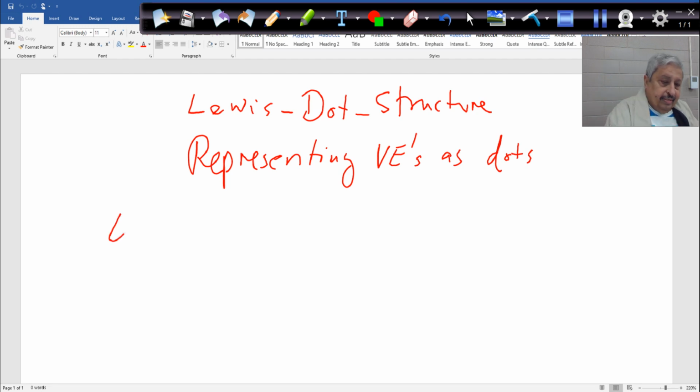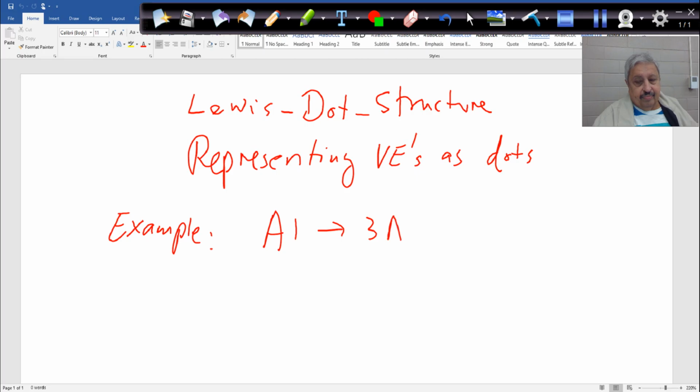An example here, aluminum in 3A. So aluminum has 3 VEs.